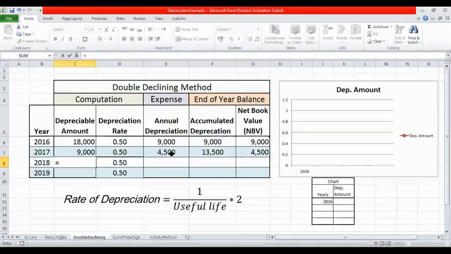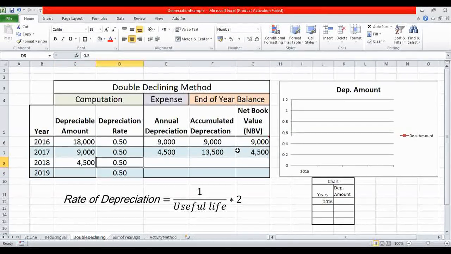So again, we are going to write over here the same amount. We are going to calculate 50% of this, so let's drag this down. 2,250. After calculating this, we need to add it to the previous balance in order to calculate the accumulated depreciation.